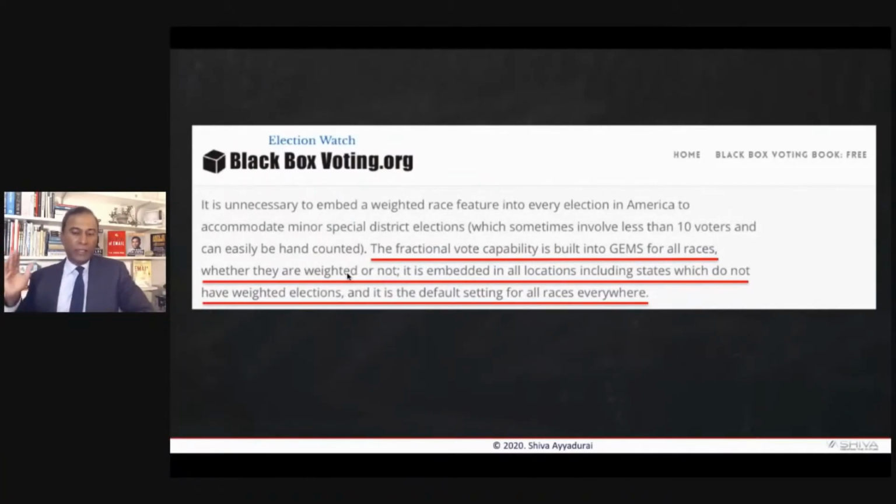It is embedded in all locations, including states which do not have weighted elections. And it is a default setting for all races everywhere. Okay? Let that absorb. It's not one person, one vote. It's one person to some decimal vote. This is in every voting system in the United States that does electronic voting.